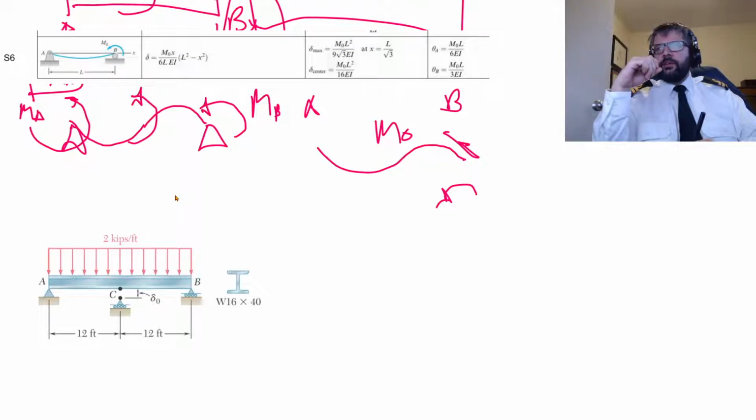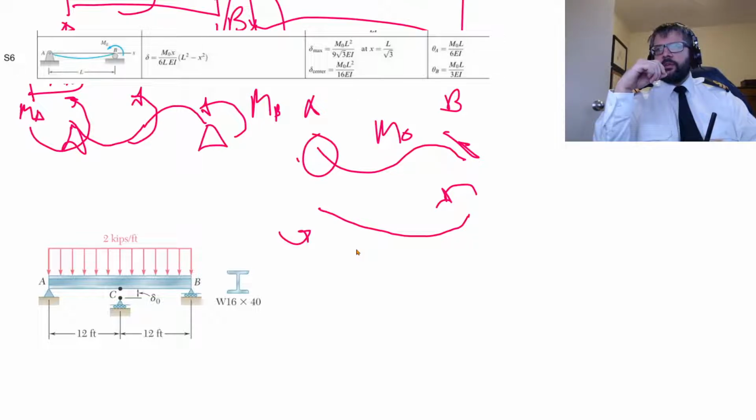So we're going to get something like this at A, and then similarly, from B to A, for the moment applied at A. Oh wait, no. We're trying to counteract this rotation here, so it's going to do something like this. It's going to cause something like that. Maybe more so like that.